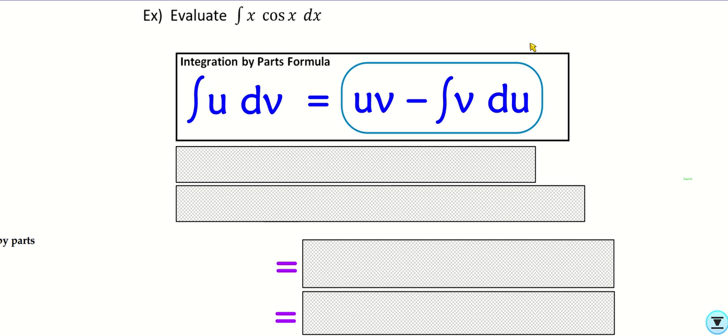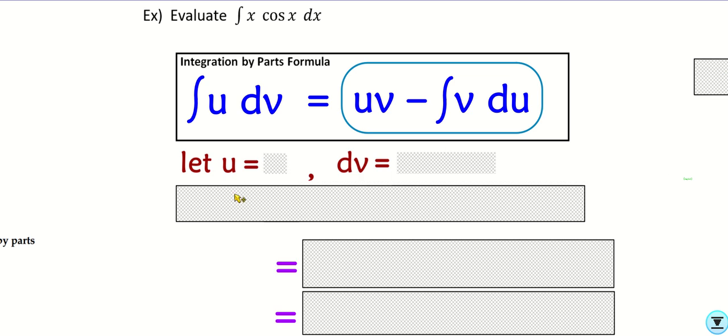And I don't know if you want to write this down, but for the most part, a pretty good rule of thumb is that you're going to let u equal something that you want to take the derivative of and have it get simpler. And dv is going to be the other part.